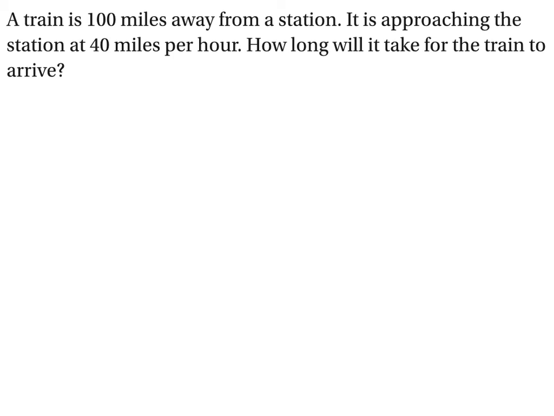The next example says a train is 100 miles away from a station. It is approaching the station at 40 miles per hour. How long will it take the train to arrive? We're going to set up a basic one-step equation to solve this. It has 100 miles to travel, and it's traveling 40 miles per hour.